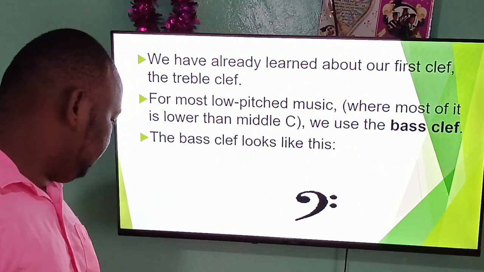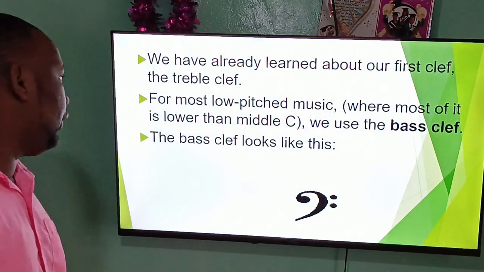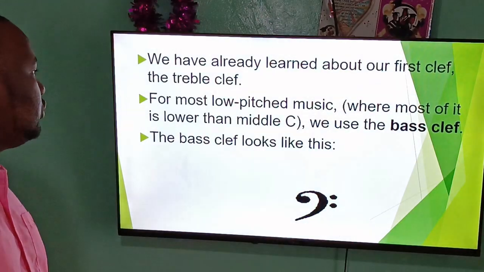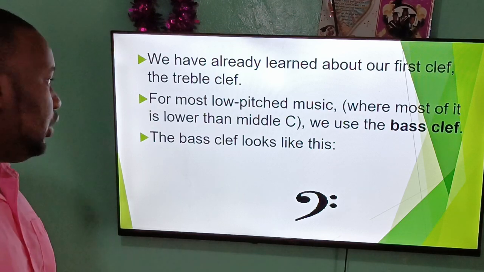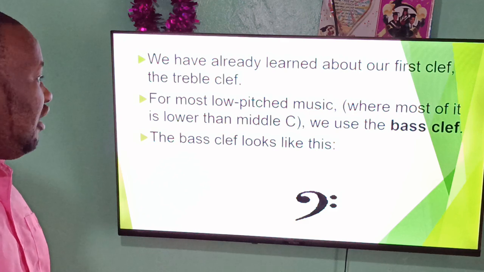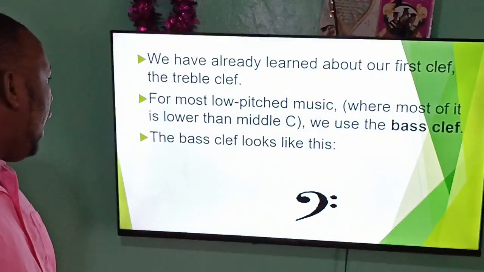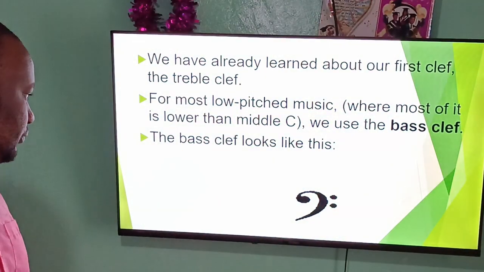For example, for most low-pitched music, where most of it is lower than middle C, we use the bass clef so that we can avoid having many ledger lines. The bass clef looks like this.